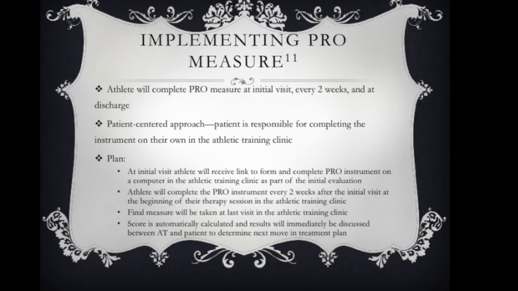They'll receive the link because you can complete this online, whether it's on a computer, an iPad, or their own smartphone. The score is calculated automatically, and then we can document that within Sportswear or in their SOAP notes or anywhere else in their rehab plan.